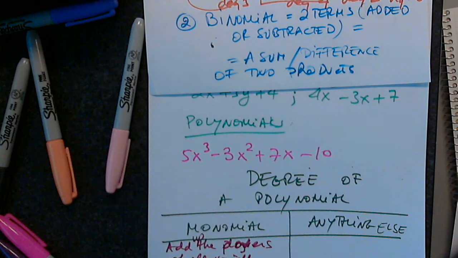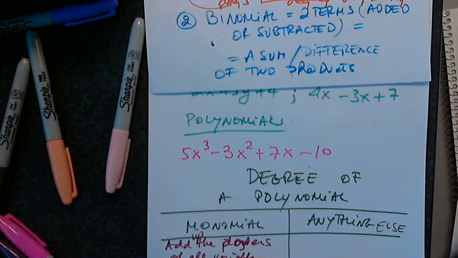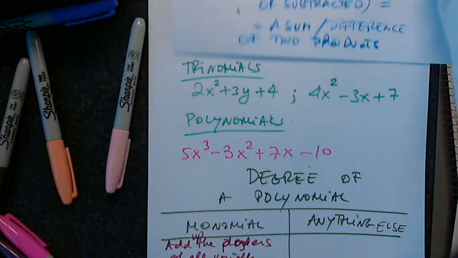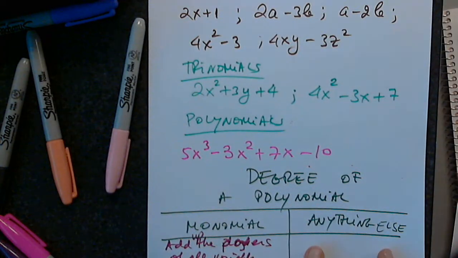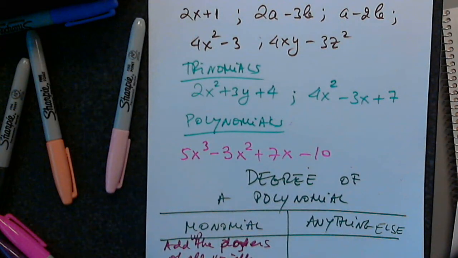And that will give you the degree of the monomial. Okay? We add up the powers or the exponents of all variables. Okay, let's look now at anything else.